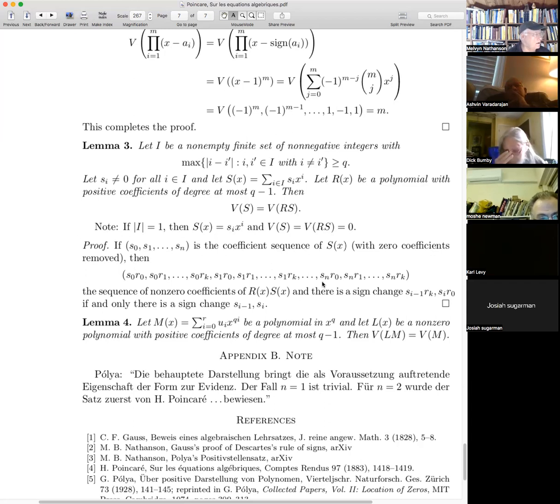And various people have given explicit estimates for capital N, for the exponent. And in the slightly revised version of my notes on Polya's theorem, I write down something explicit.